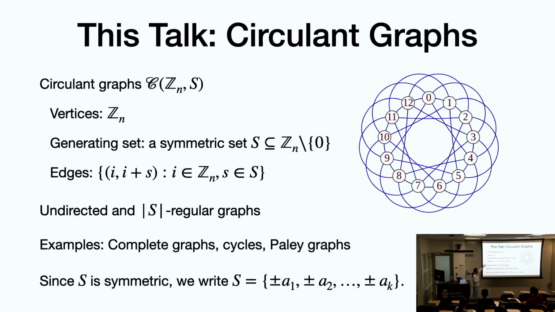I want to point out that since circulant graphs are very special, all the eigenvalues and eigenvectors of the Laplacians of circulant graphs have explicit form. And this is actually the key to finding the splitting of the edges.